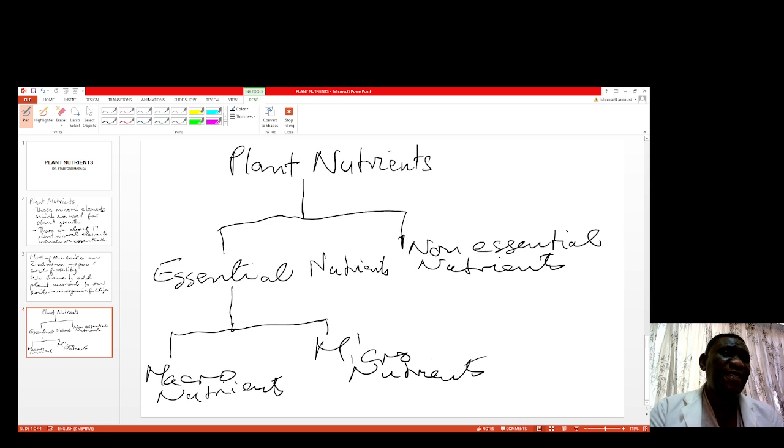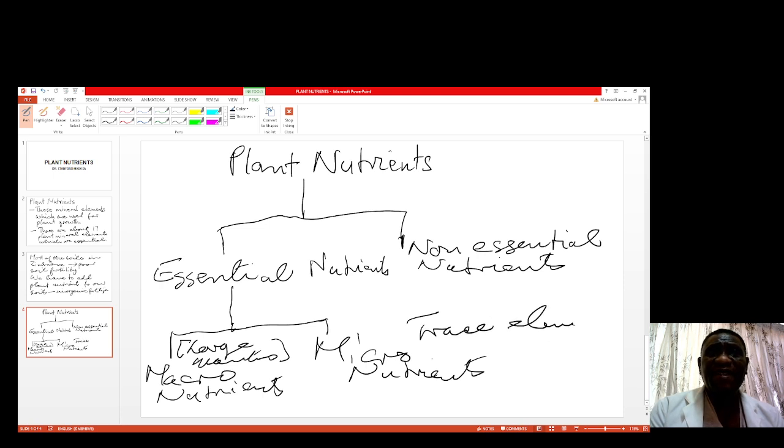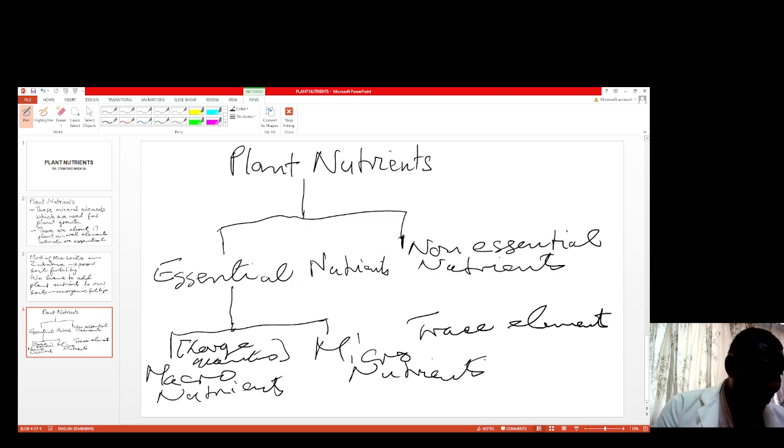Macronutrients are required in large quantities. These are trace elements. Just very little is required of them. So let us focus our attention on the macronutrients. Let us try to find out what are these macronutrients.